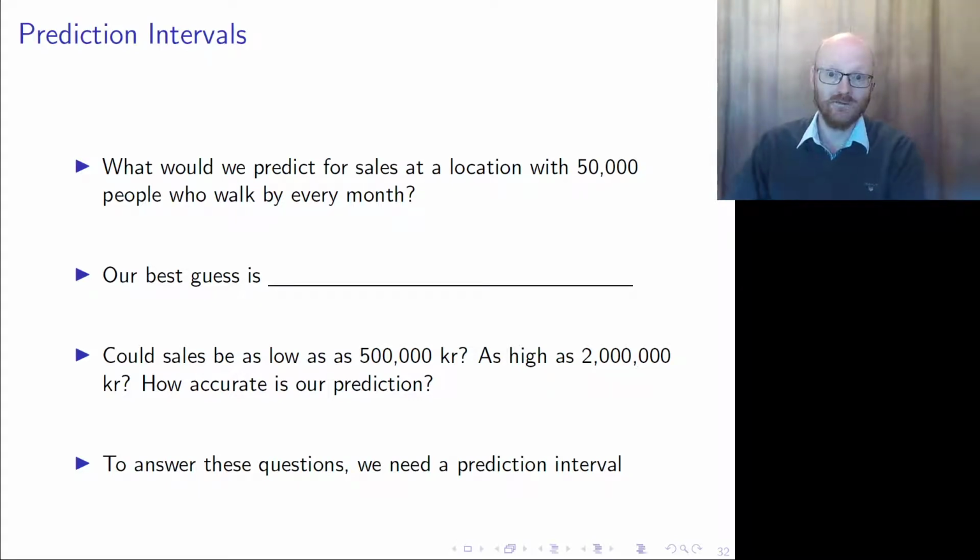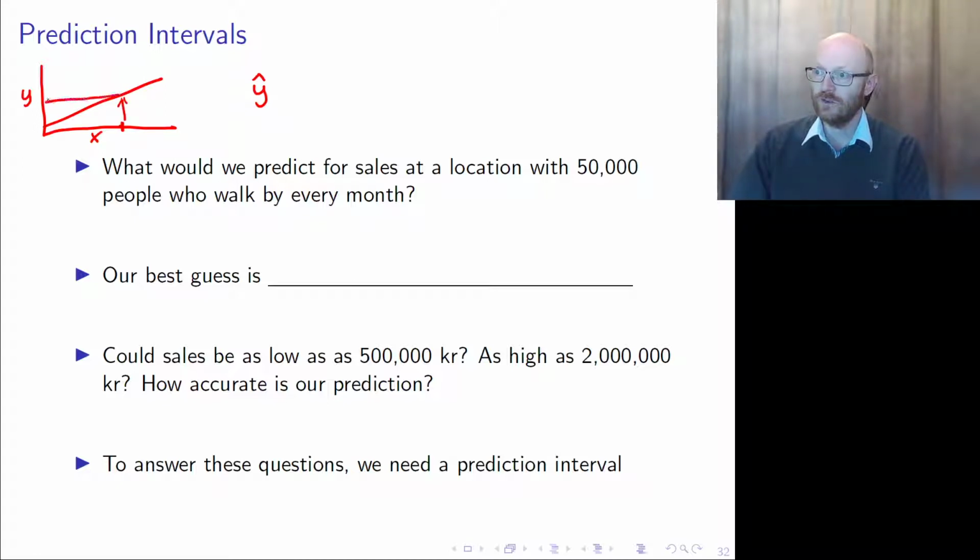Up until now, we have dealt with prediction intervals. So what's a prediction interval? It's really the prediction that you get from using the regression line. For example, you have the regression line here with x and y, and you choose a certain x, and then you can use this line, or the equation that you get from the line, to get a certain y hat, right?